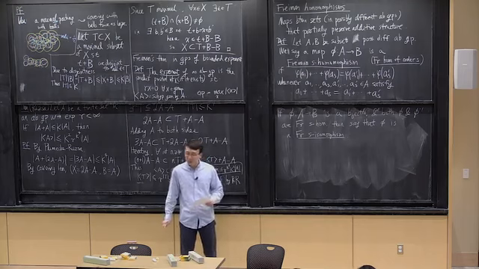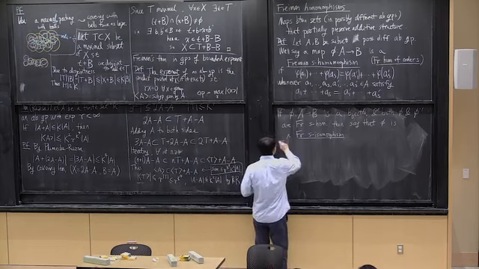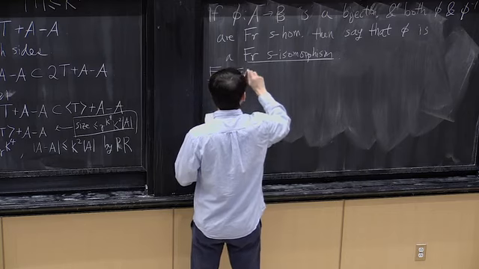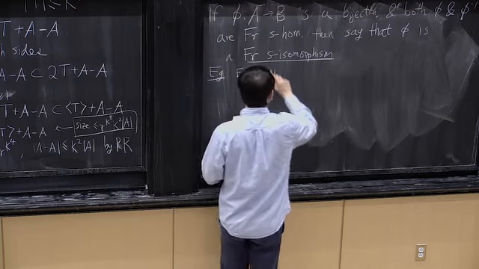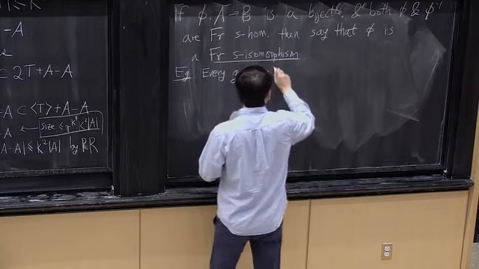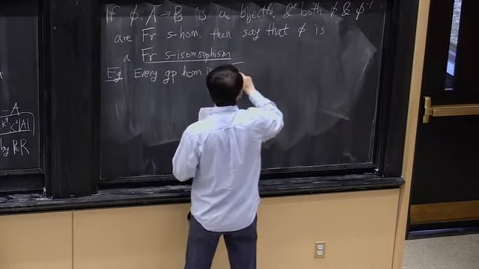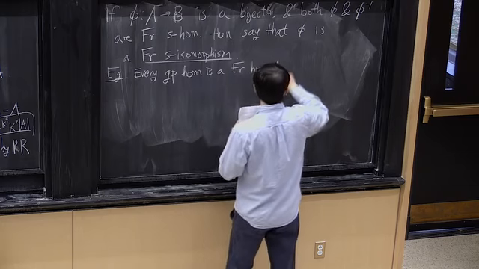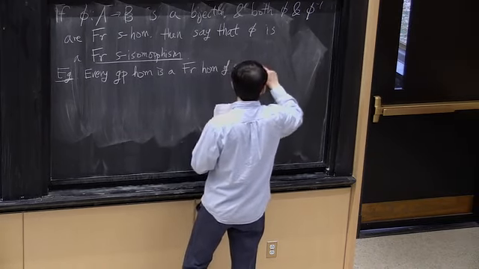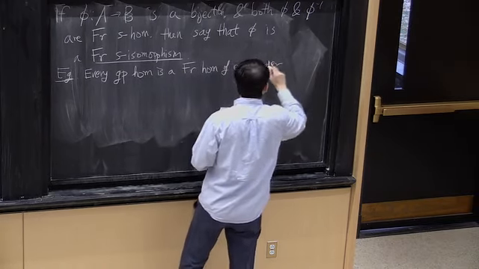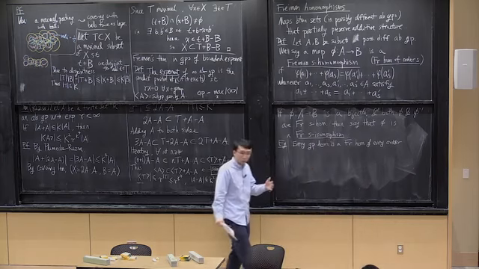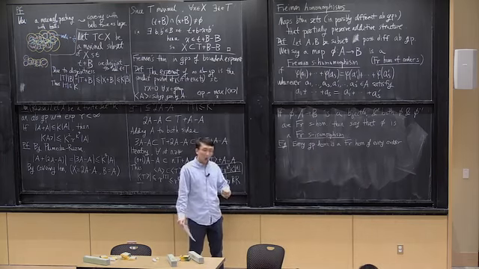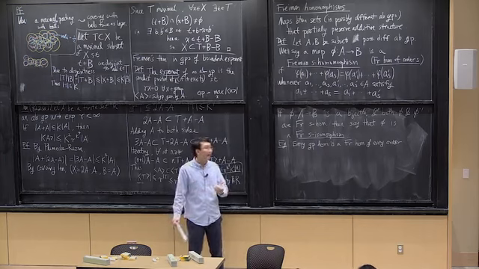Let me give you some examples. Every group homomorphism is a Freiman homomorphism of every order. So group homomorphisms preserve all additive structure, and Freiman homomorphisms only partially preserve additive structure.